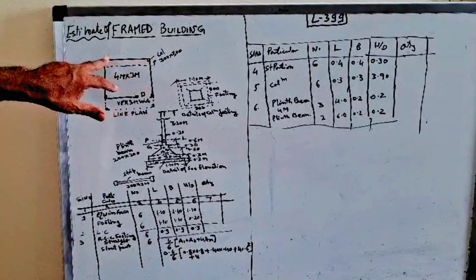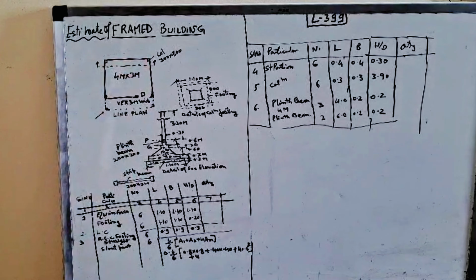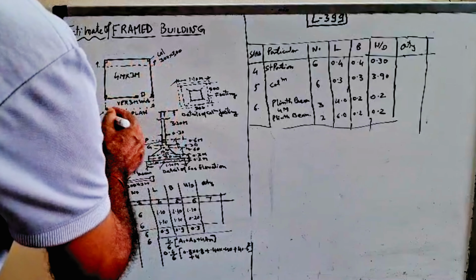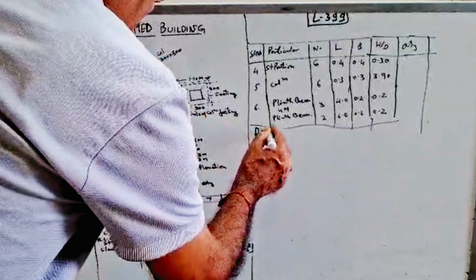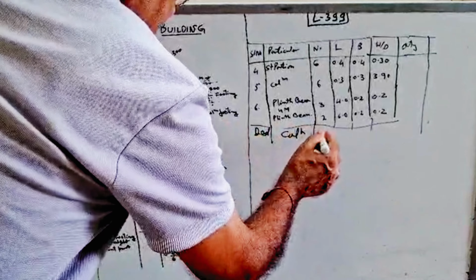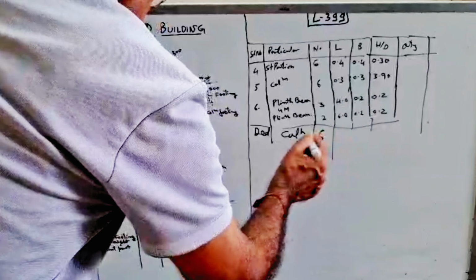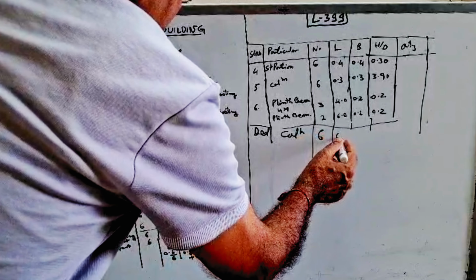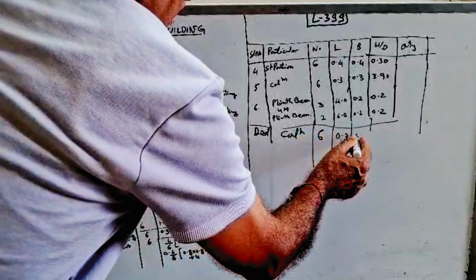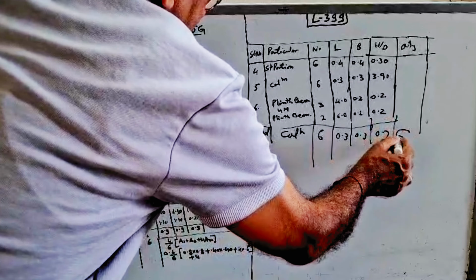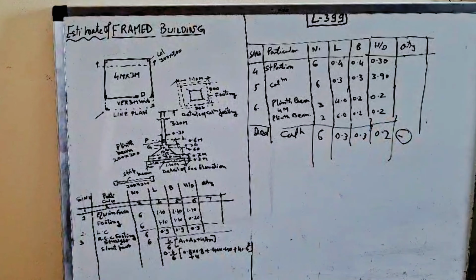Because we are taking the 6, you can minus that space, that is 6. 1, 2, 3, 4, 5, 6, deduction can be of your column space, that is 6 number. We are calculating this as 0.3 into 0.3 and height is 0.2. So this will be your minus. So this much can be deducted from all the RCC work.